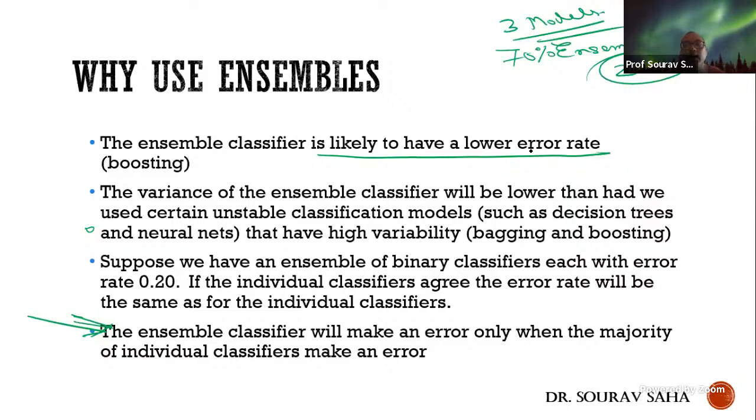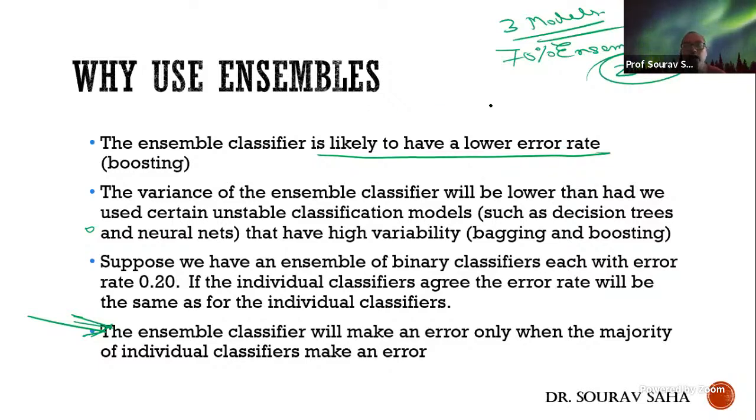I repeat, only if the majority of them make an error will this model go bad. If, let's say, only M1 makes an error while M2 and M3 don't, then this model will not go bad.